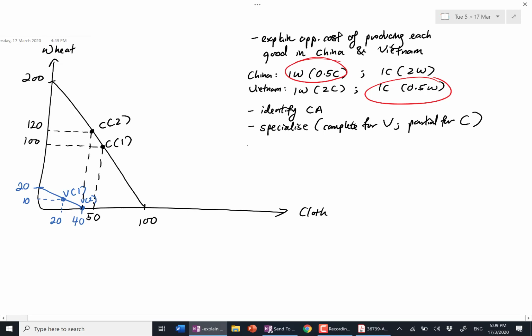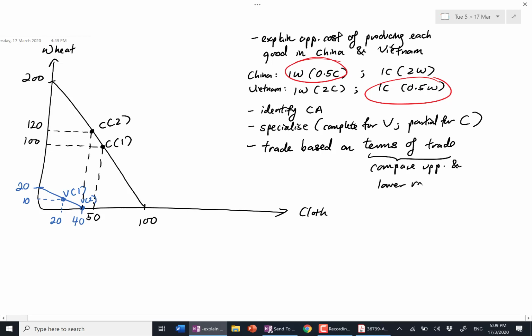What happens is they are going to trade based on the terms of trade. How do you get the terms of trade? Basically, you compare the upper and lower range of the op cost for each good.